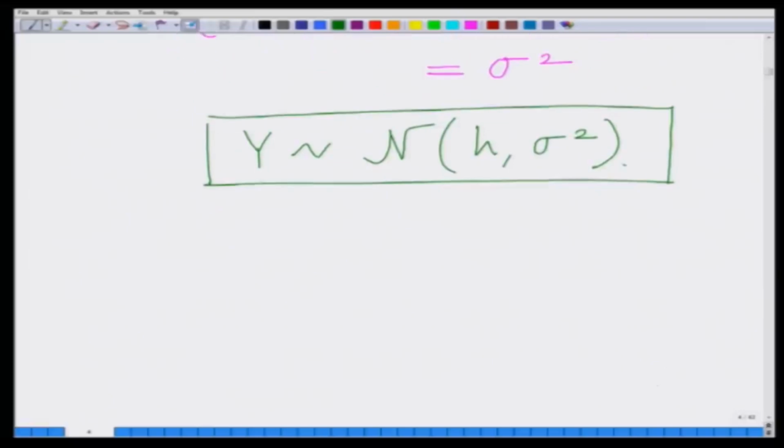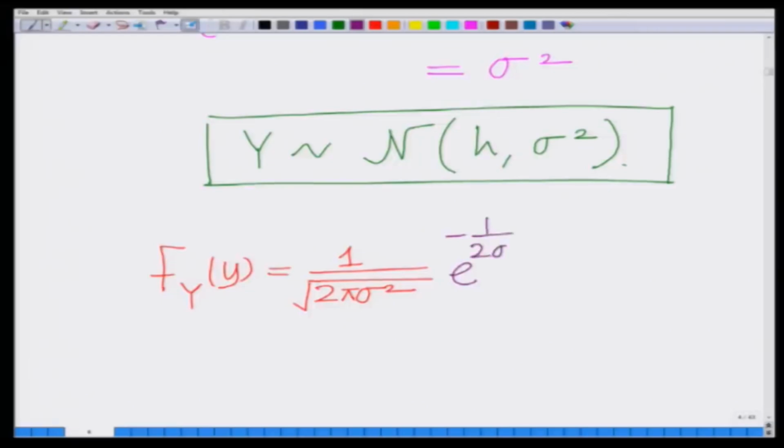from the knowledge of probability and random variables that the probability density function of a Gaussian random variable with mean h and variance sigma square is given as, that is this probability density function f_y of y with mean h and variance sigma square is given as 1 over square root of 2 pi sigma square, e raised to minus 1 over 2 sigma square, y minus h whole square.